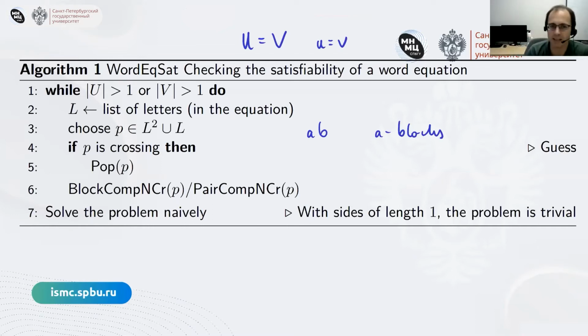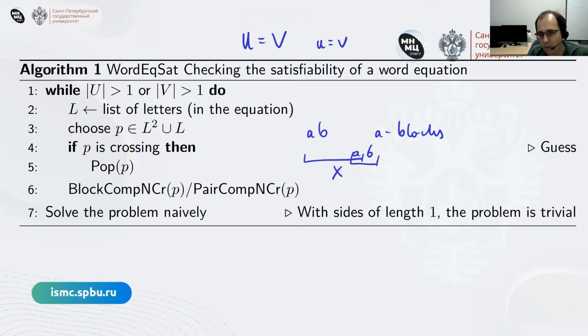It could be that we nondeterministically guessed whether this AB or A block is crossing or not. Crossing meant that part of the occurrence of AB or the A block was inside the variable and part was outside, when this was substituted for a variable.